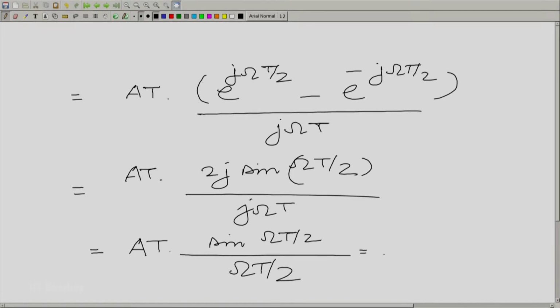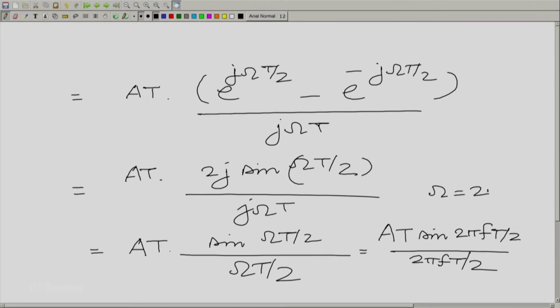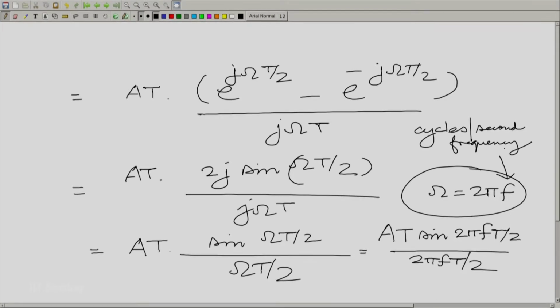And this is a very special function. We can rewrite it in the following way: a T sine 2 pi f T by 2 divided by 2 pi f T by 2, where omega is essentially 2 pi f. So, f here corresponds to the cycles per second frequency, and this is of course the angular frequency, as you know, capital omega.